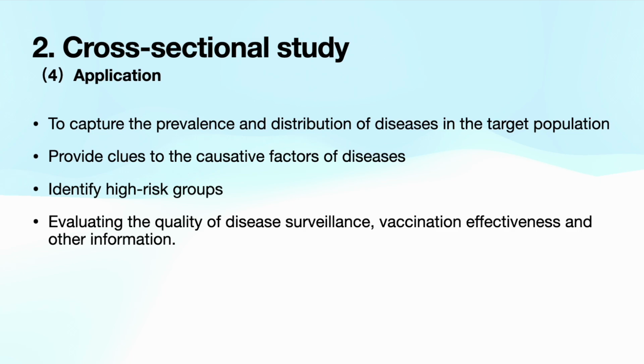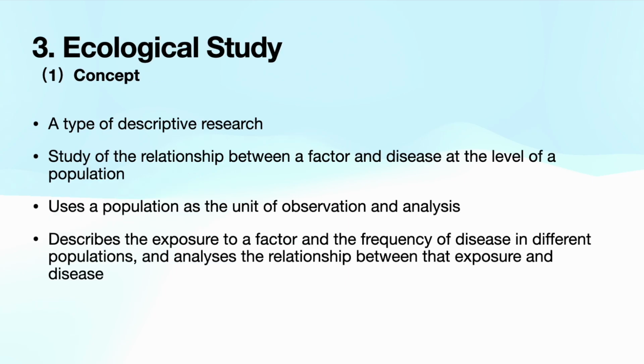It can be used to capture the prevalence and distribution of disease in the target population and provide clues to causative factors of disease. It identifies high-risk groups and evaluates the quality of disease surveillance, vaccination effectiveness, and other information.